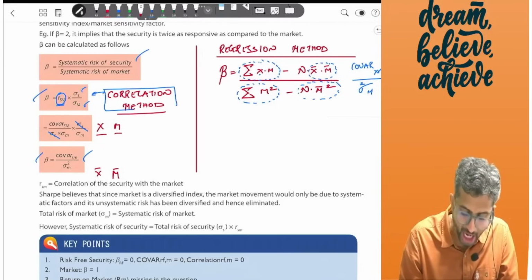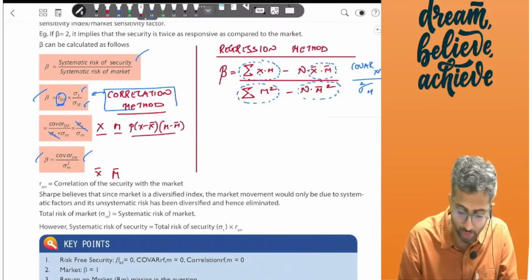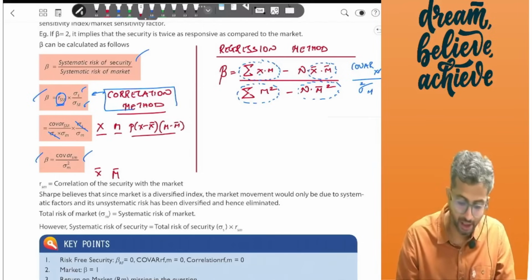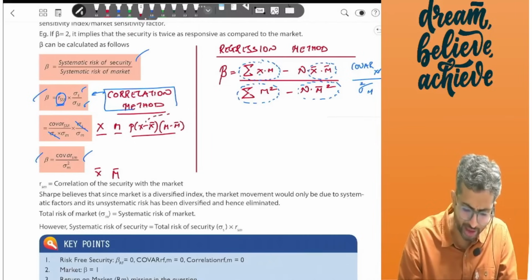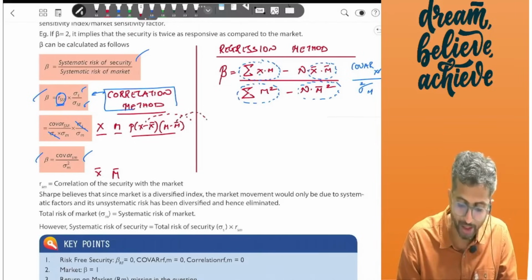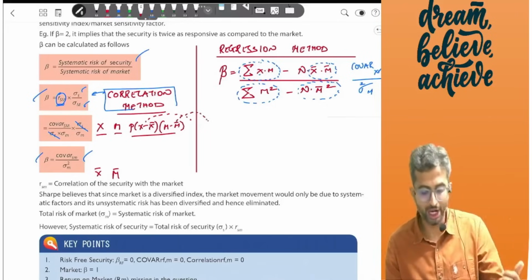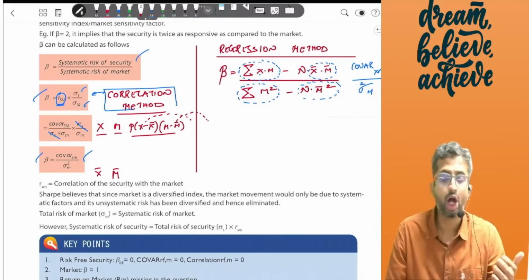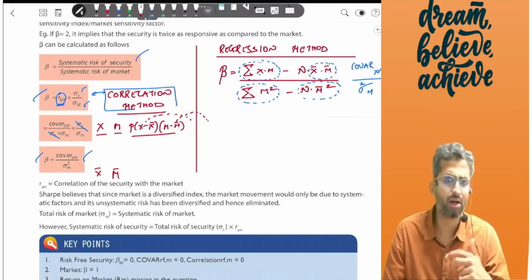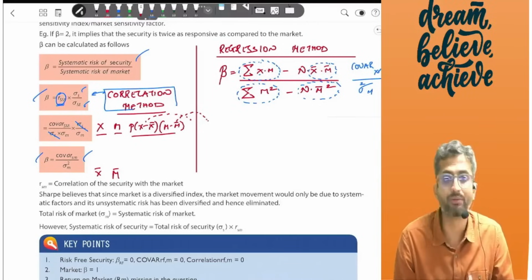Once I do that, I will first find the covariance, which is p into x minus x bar into m minus m bar. So I will do the covariance workings. Then I will do p into x minus x bar the whole squared, and another column for p into m minus m bar the whole squared. With that, you will have all the data to find the covariance, the variance of a security, the variance of the market, and the standard deviation as required, and you can find the beta.